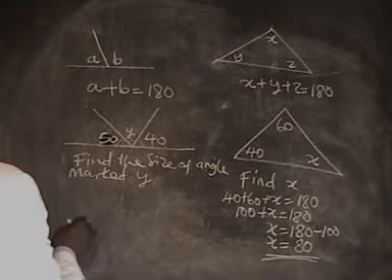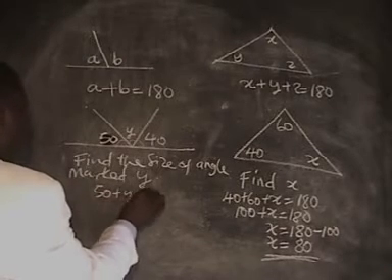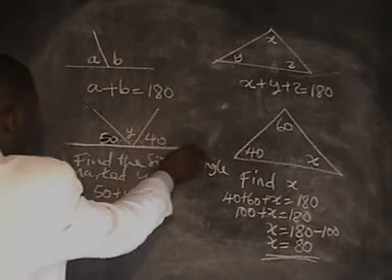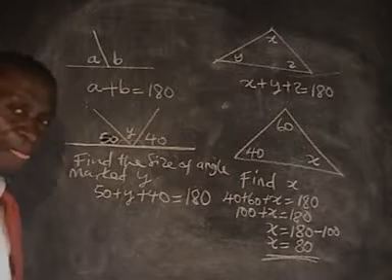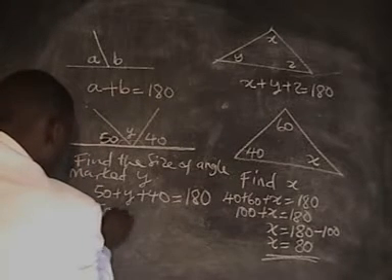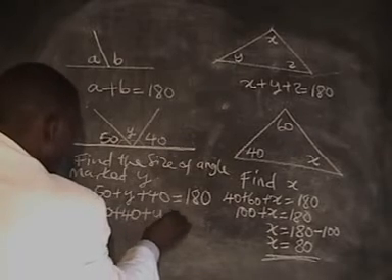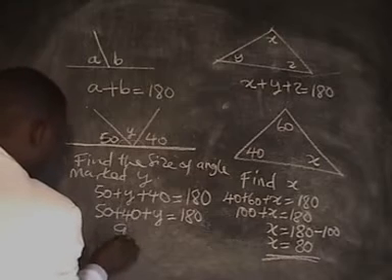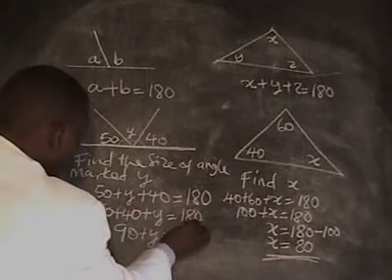So you are going to add 50 plus y plus 40, the 3 angles that make up a straight line, which equals 180 degrees. Then you collect the like terms: 50 plus 40 is 90, plus y equals 180.